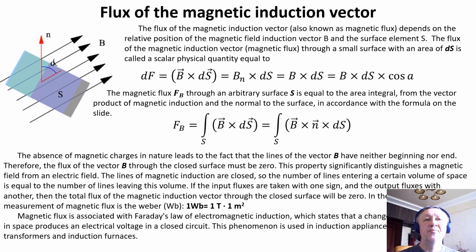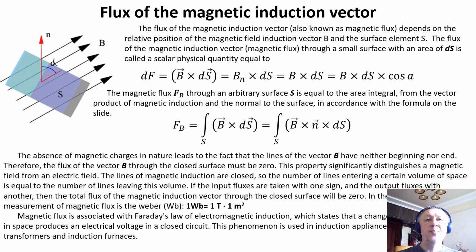The absence of magnetic charges in nature leads to the fact that the lines of the vector B have neither beginning nor end. Therefore, the flux of the vector B through a closed surface must be zero. This property significantly distinguishes a magnetic field from an electric field.